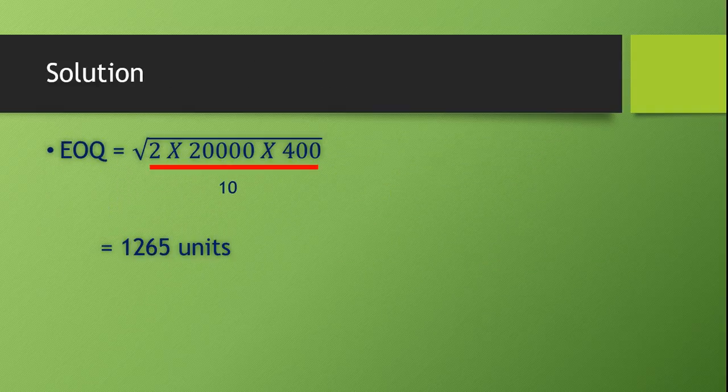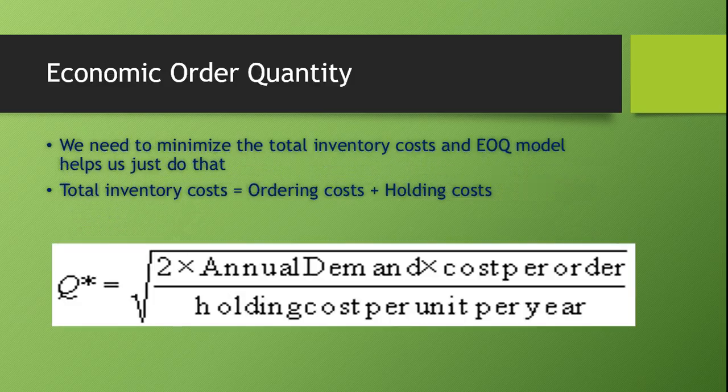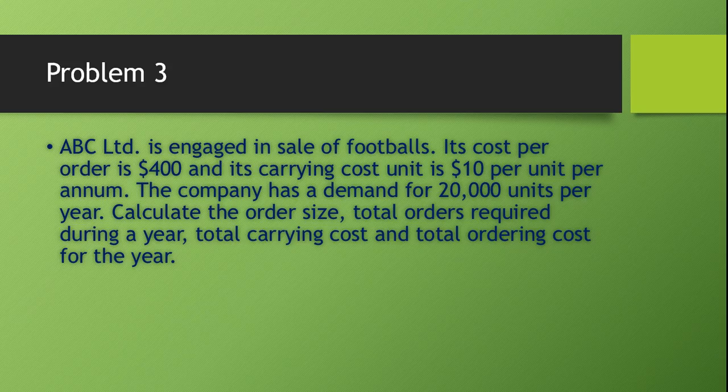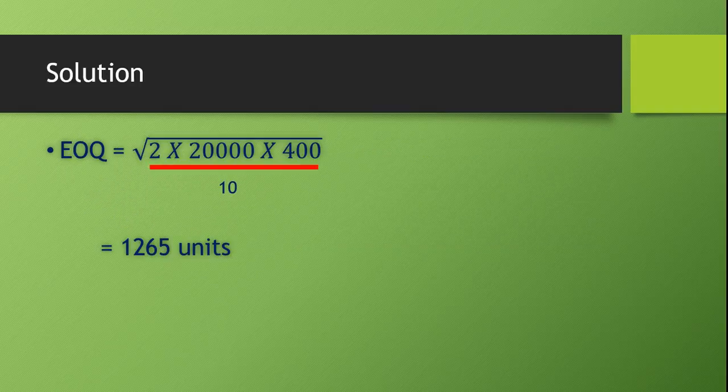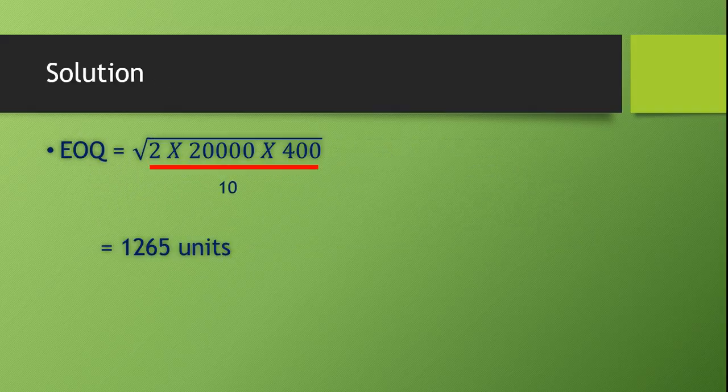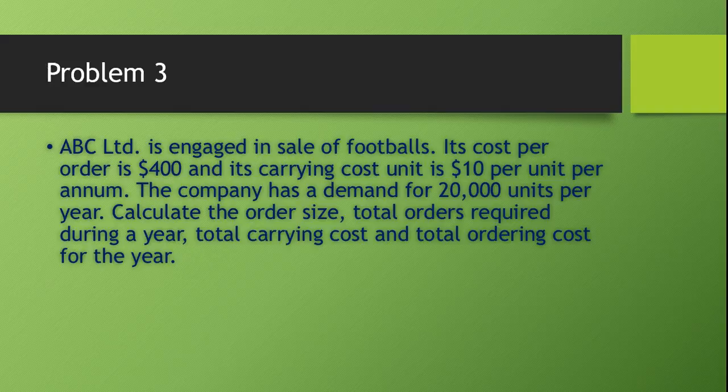Here we have to find out the economic order quantity, so we are simply using the formula: square root of 2 into annual demand, which is 20,000, and then cost per order, which is $400, divided by carrying cost per unit, that is $10 per unit. When we solve this, we get 1265 units.